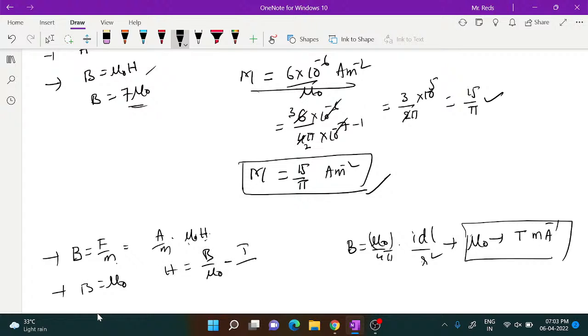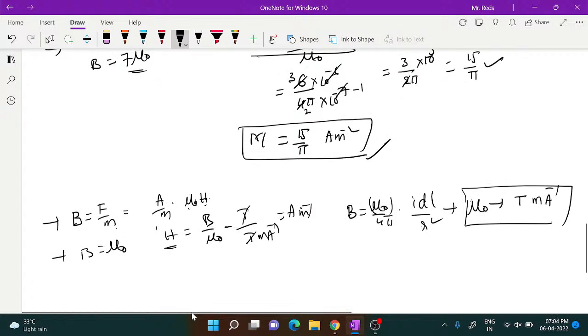So it is a Tesla. This is Tesla meter per ampere. So Tesla cancel. You get ampere per meter. Ampere per meter is nothing but the unit of H, not of B. So you should understand this by observing these representations. As H is equal to B by mu naught, its unit is ampere per meter, not B's unit. So from this you have to realize this. Even though it is given as magnetic field of 7 ampere per meter, it is H.